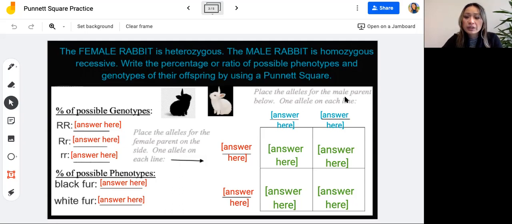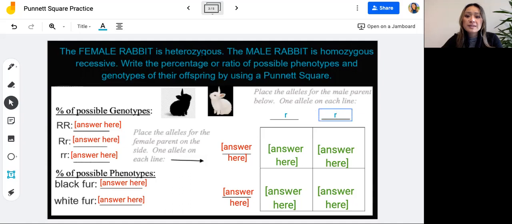And so here, if we're looking at the male parent, it says the male parent is homozygous recessive. So if the male parent is homozygous recessive, we know that the prefix homo means same, and the letters we're using here are R's. And so here you would put a lowercase r and a lowercase r.